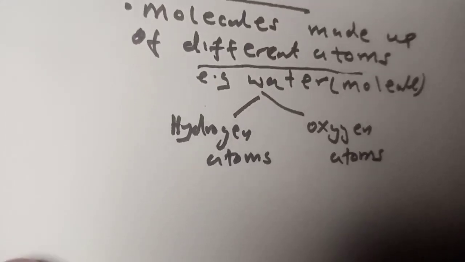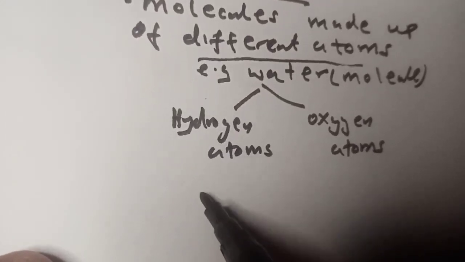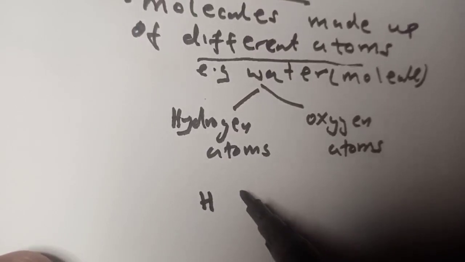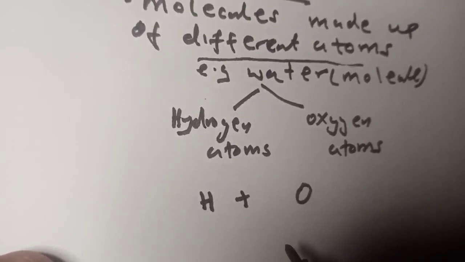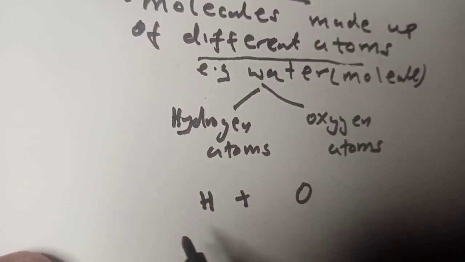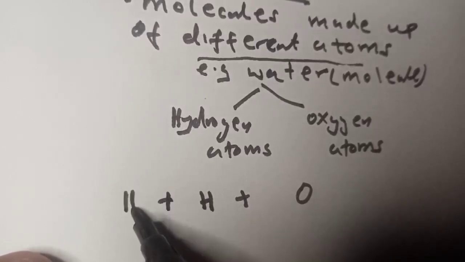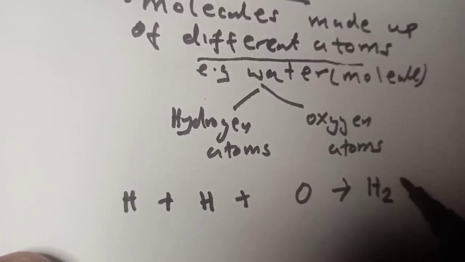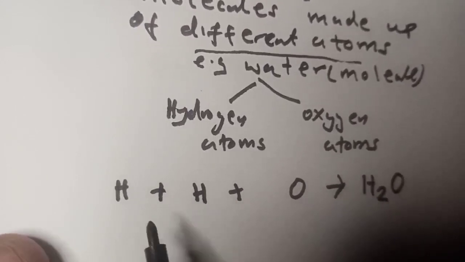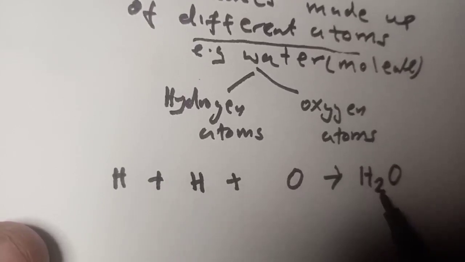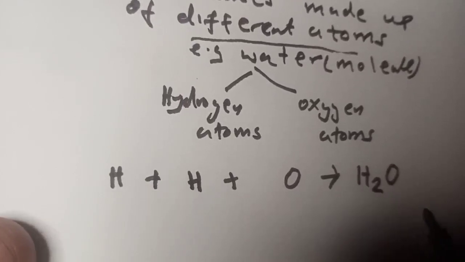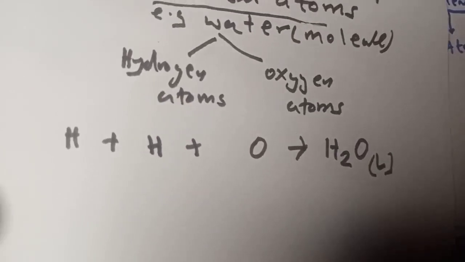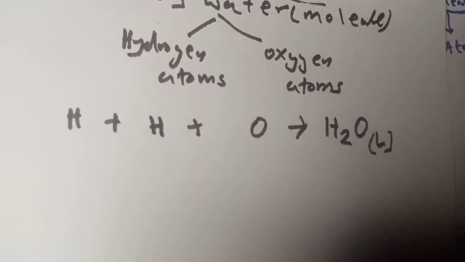The hydrogen atom is H, plus the oxygen atom is O. But in order to form water, you need to add another H, and this will give you H2O. We call this water in liquid state a water molecule.